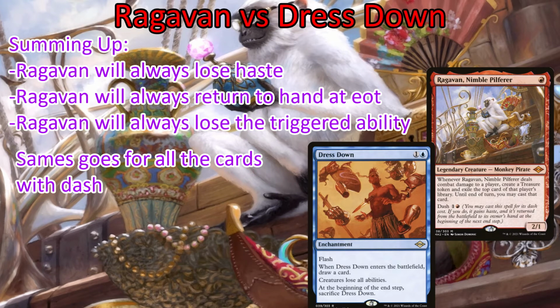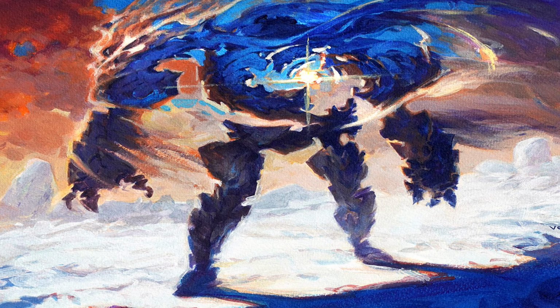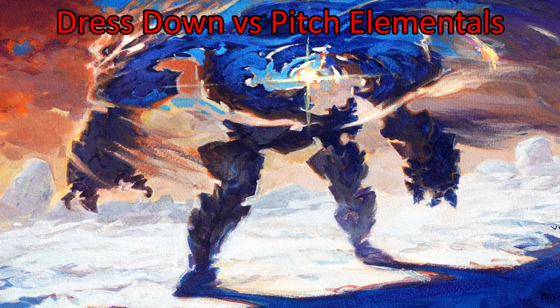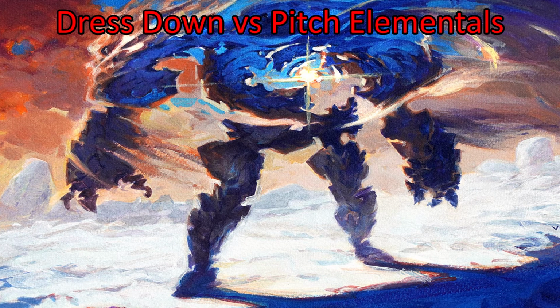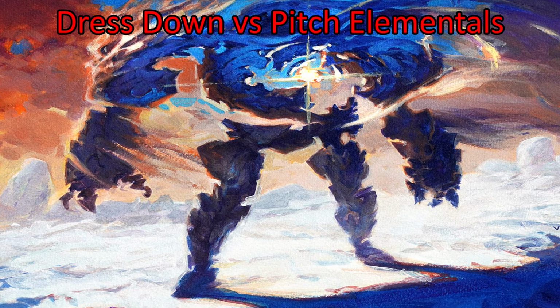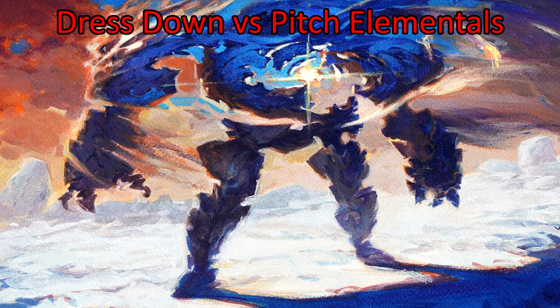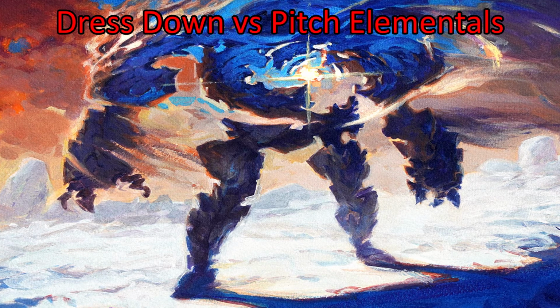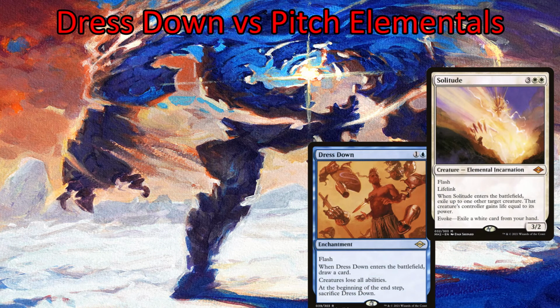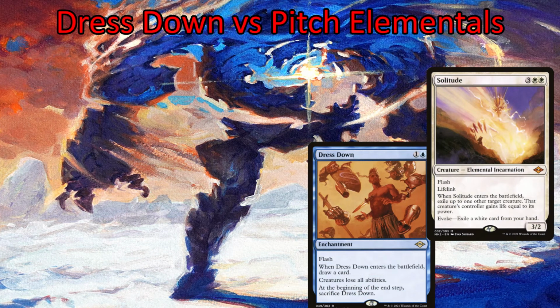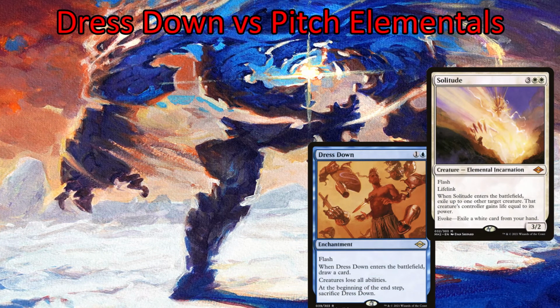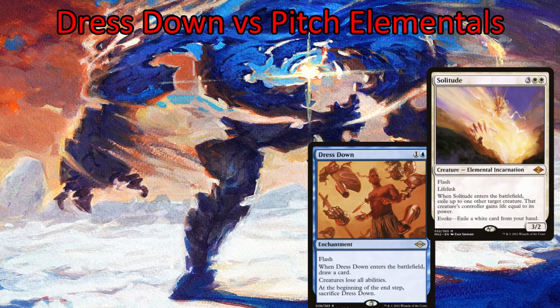But what will happen if the creature had Evoke instead? The next interaction is Dress Down versus the Pitch Elementals. And what I mean by Pitch Elementals is the Modern Horizons cards that evoke by exiling a card in our hand. So what we need to see here again is obviously the evoke part of the ability and how it interacts.